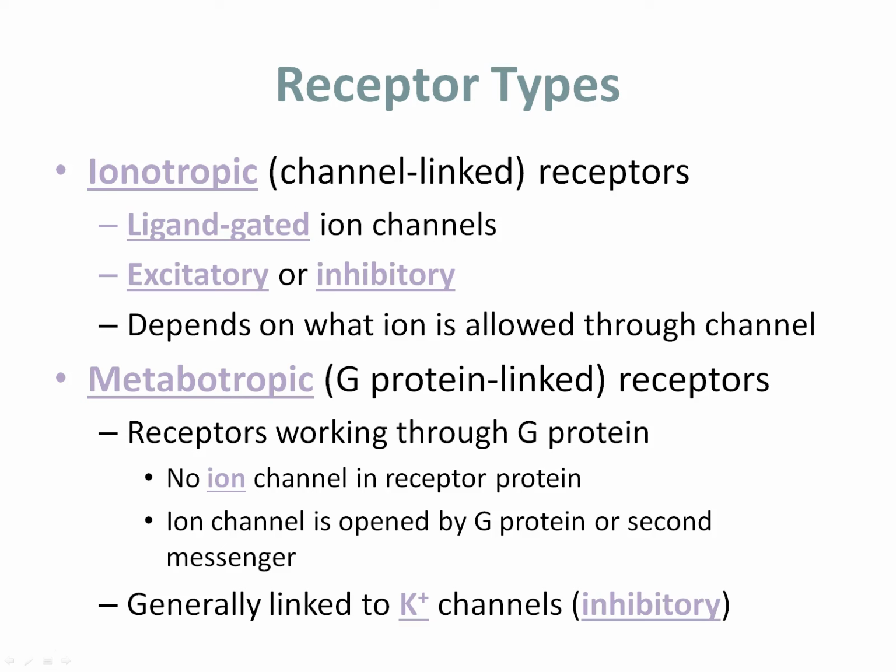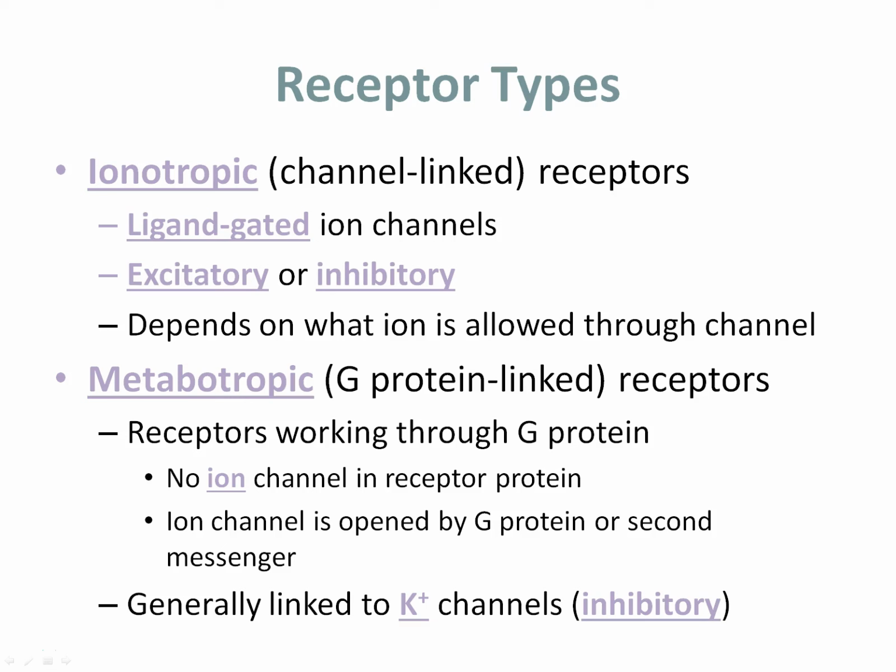The effect of a neurotransmitter at a synapse is highly dependent on the receptor type, and we have different types of receptors. At the neuromuscular junction, we saw ionotropic or channel-linked receptors. These are ligand or chemically gated ion channels that open an ion channel when the neurotransmitter binds to them.